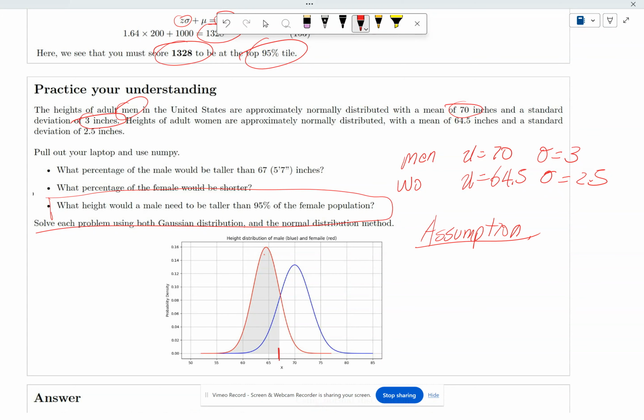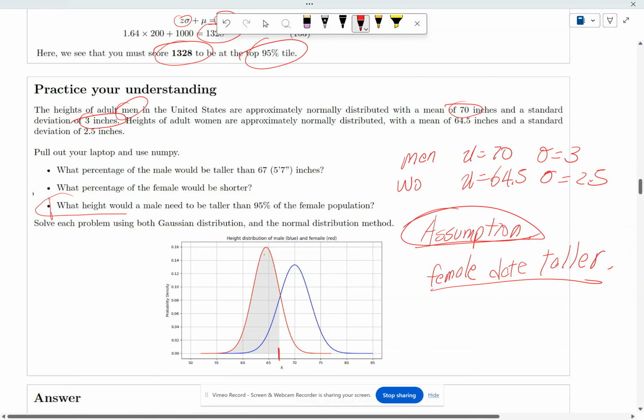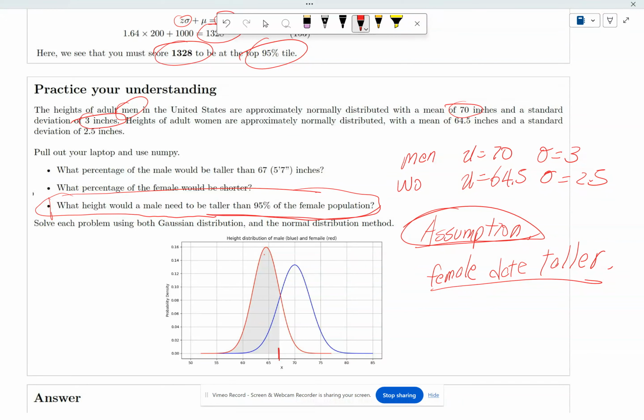If we make an assumption where females would only date guys that are taller, again, this is an assumption, not necessarily true, then if you were to solve this question, what height would a male need to be taller than 95% of the female population, this would essentially tell you what height a man would need to be able to date 95% of the females.